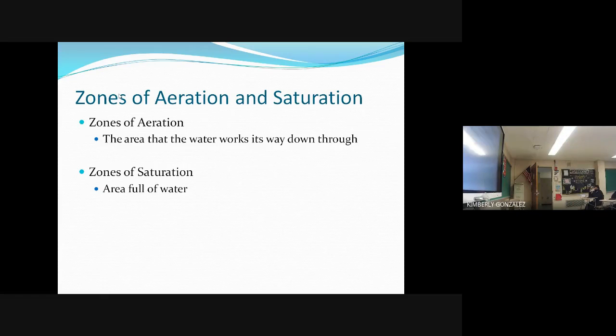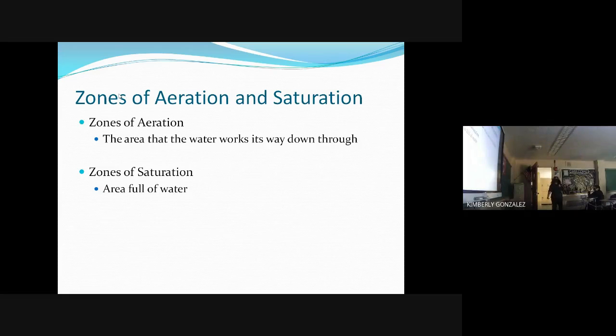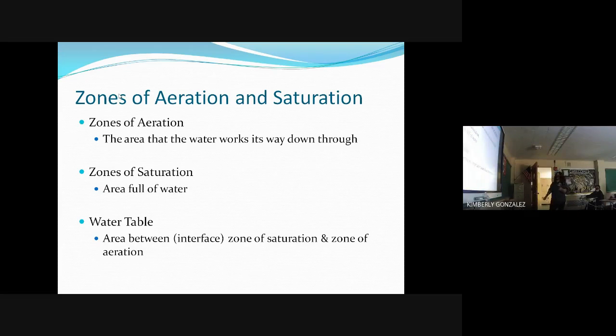The water table will actually rise and fall depending on how much water gets absorbed into the ground. Like I said, the water table is that interface between the zone of aeration and the zone of saturation.